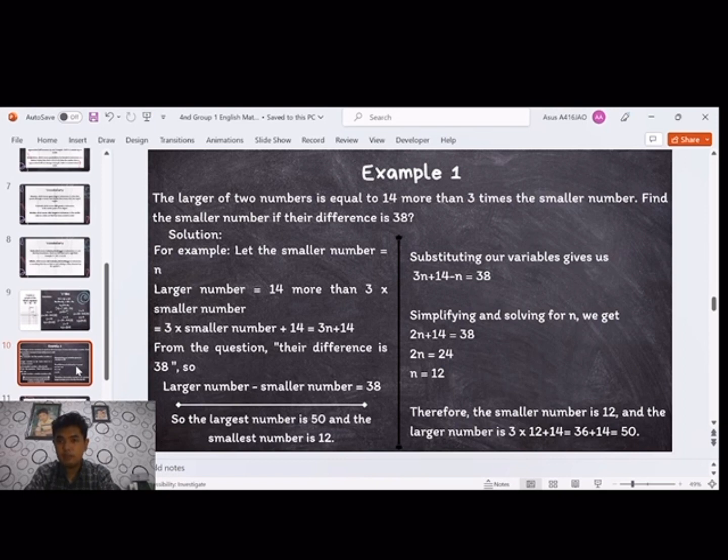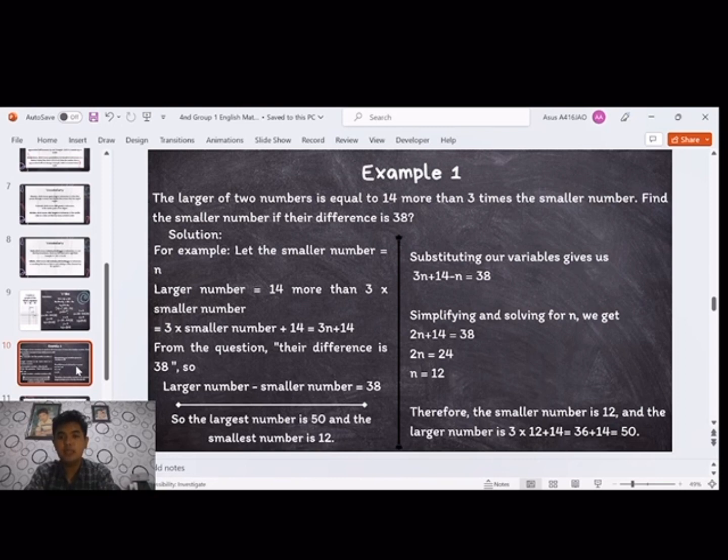Substituting our variable gives us 3n plus 14 minus n equals 38.